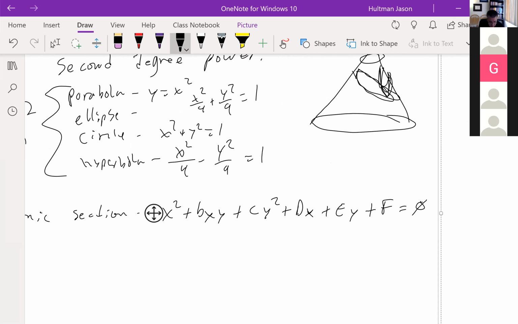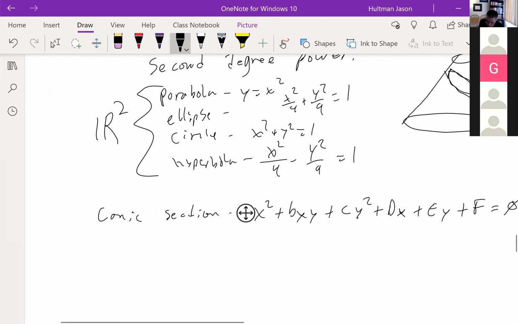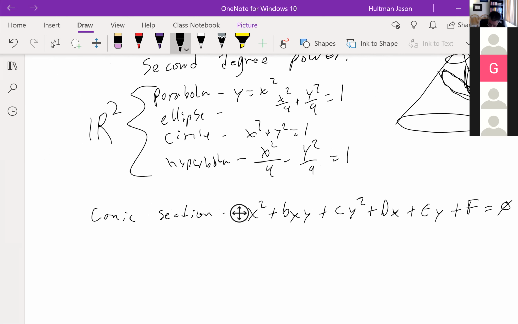For a quadric surface, sorry, quadric, because these are 2 dimensions. For the quadric surfaces, we just allow all the combinations for 3 variables up to the second degree.